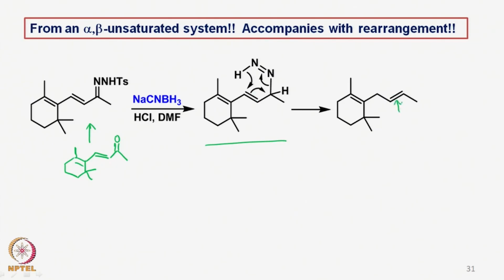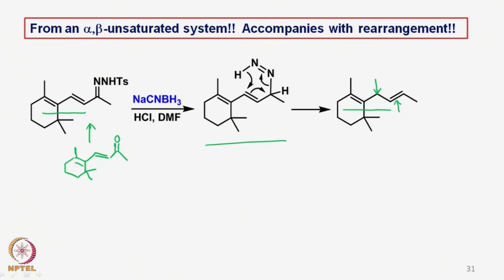This was a conjugated system, and now we have found that under these conditions it undergoes deconjugation, and the hydrogen is coming at this stage here.